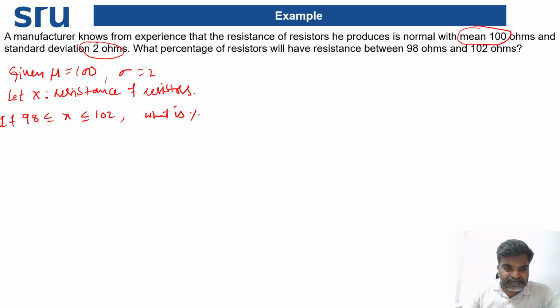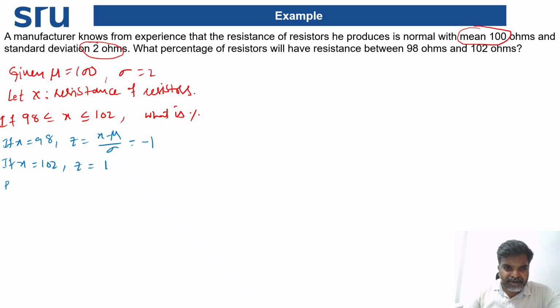Now look here. To find this, first we convert these two X values into standard Z variables. If X equal to 98, then Z equal to, as you already know the formula, (X minus mu) by sigma. So we obtain -1. If X equal to 102, then Z equal to 1 with the same formula.